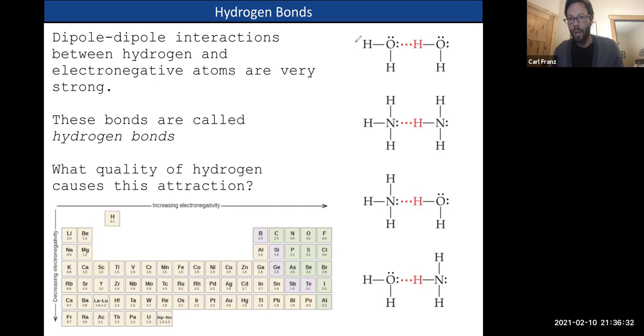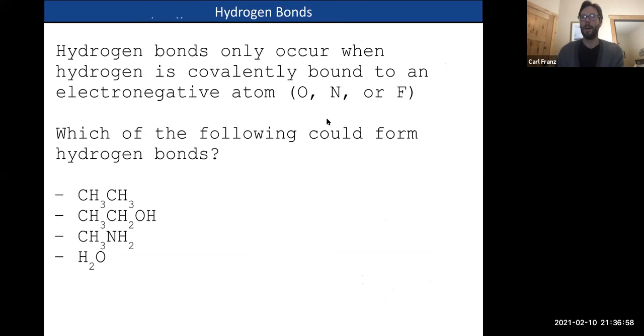Take this into consideration. Is it polar, right? Is it a big molecule? Does it have a lot of surface area? Are there hydrogen bonds going on, right? Are there hydroxyl groups attached that render it able to hydrogen bond? That kind of thing is what you want to look for to rank things in terms of their boiling point.